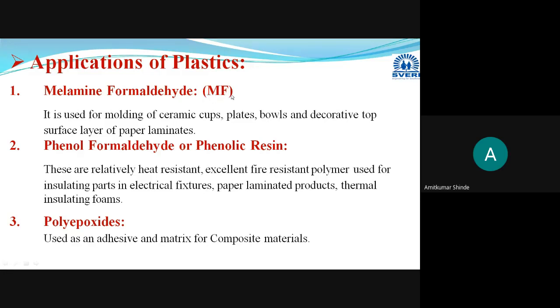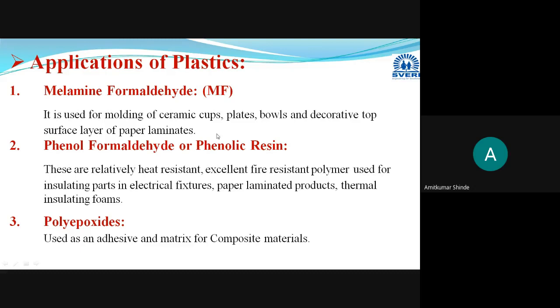This is used for manufacturing the moldings of ceramic cups, ceramic plates, ceramic bowls, and a decorative top surface layer. One decorative layer is there on the paper laminations, and that layer is manufactured with the help of this melamine formaldehyde only.